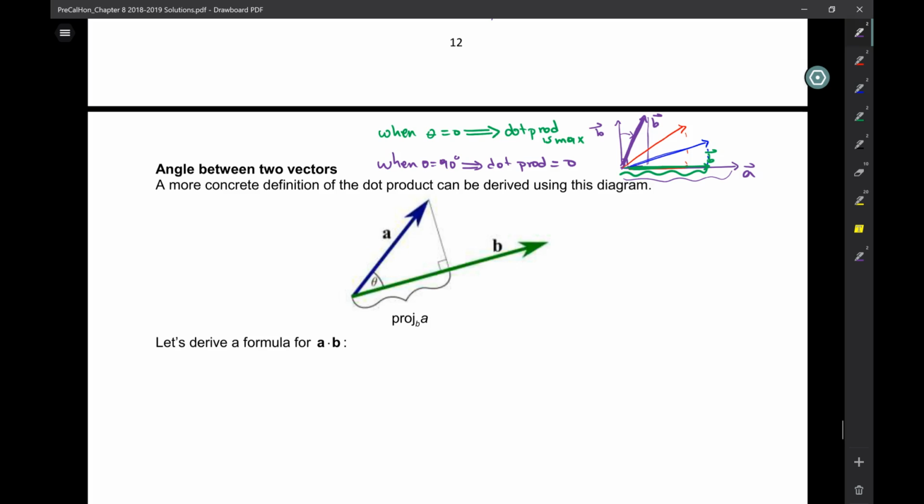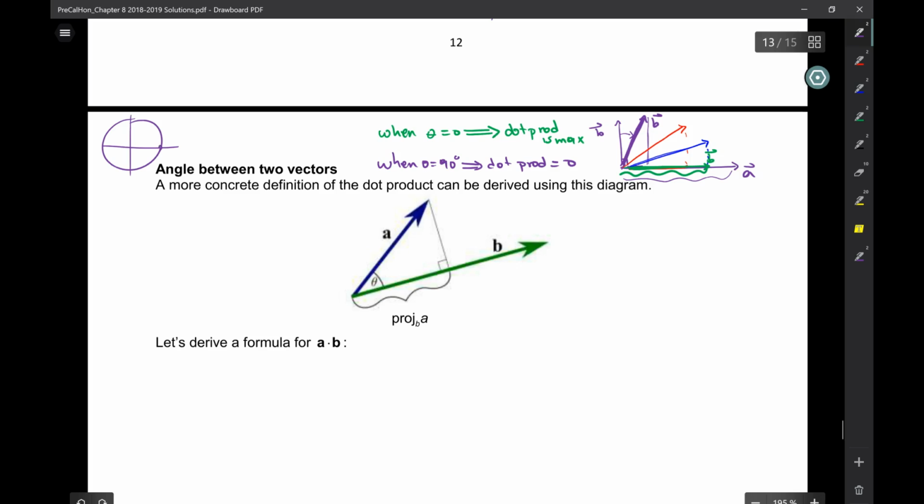Which one of sine, cosine, or tangent fits that description? Cosine, do we agree? Is cosine of 0 maximum? Cosine of 0 is maximum. What's cosine of 90? 0.